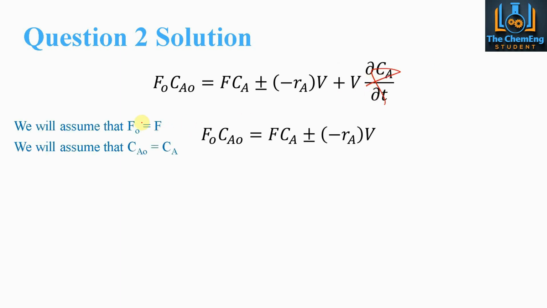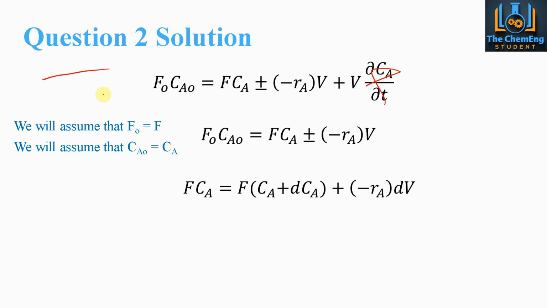We assume that F naught is equal to F, and we can also assume that Ca naught is equal to Ca. So what this means is that with a tubular reactor, we essentially take a chunk of the reactor and we model around this chunk. So this here would be the dCa, the dx, and so forth, or even dV.